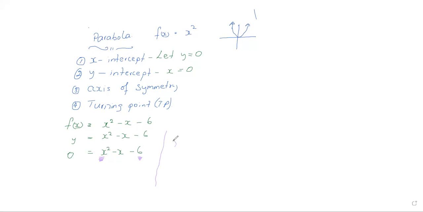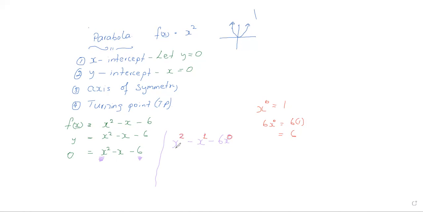This can be written as x squared minus x exponent 1 minus 6 exponent 0. I hope you realize the pattern here. Because x to the power 0 is equal to 1, therefore 6x to the power 0 is equal to 6 times 1, which is equal to 6, which is our last term there.